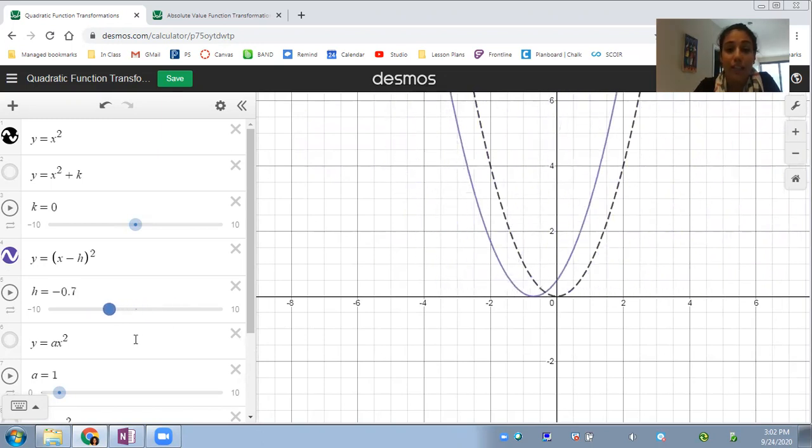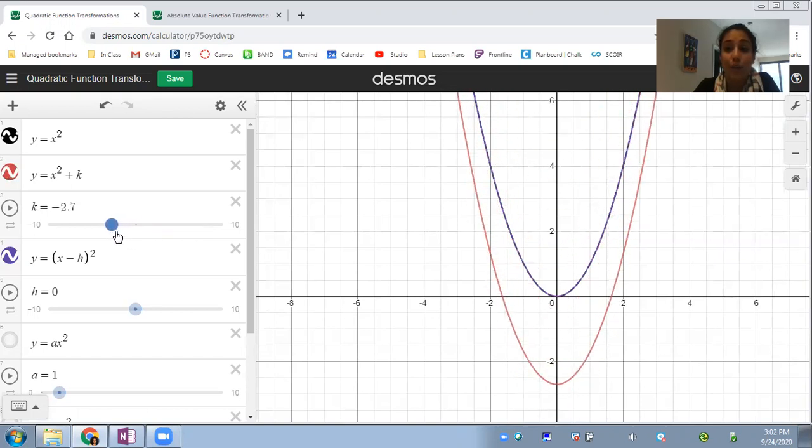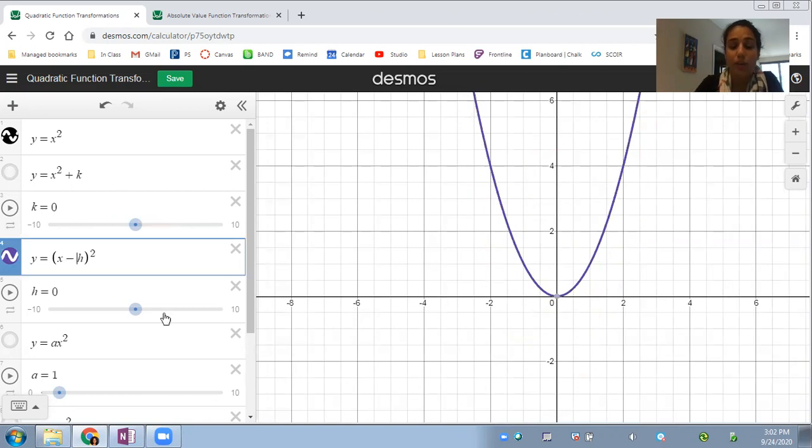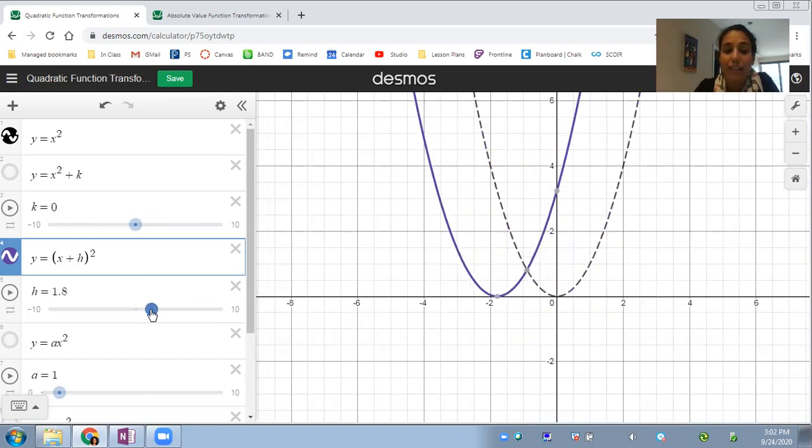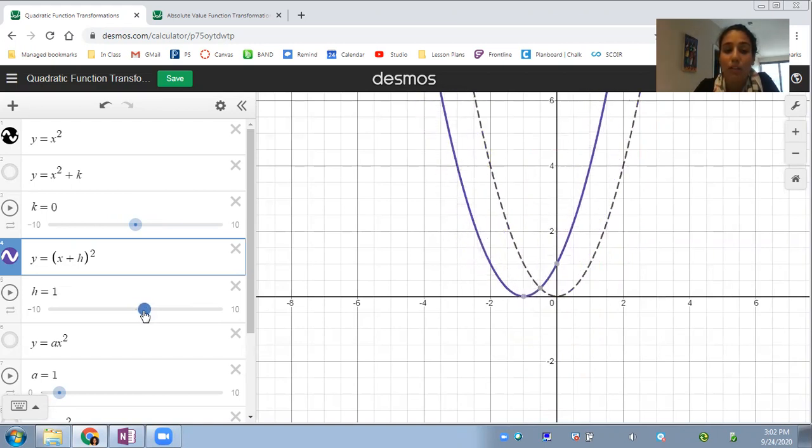Okay, versus this was affecting the entire function, so it was moving up and down, so it is vertical. Okay, so now this k is a vertical shift, this is a horizontal shift, but I want you guys to notice something. If I have plus h and I have x plus 1 squared, let's put that 1 there.